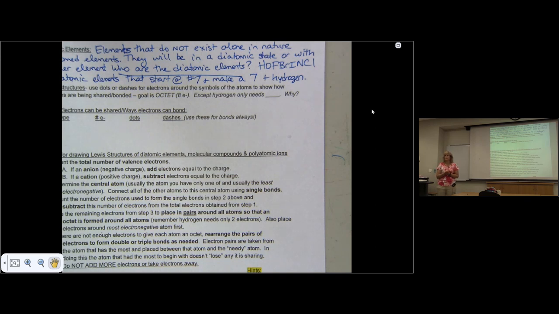But if they don't say the word oxygen, what do they say? O2. Why would they say that? It's a diatomic element. That's why they say O2.